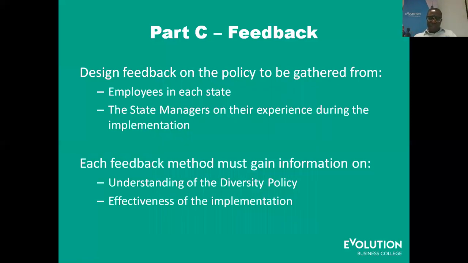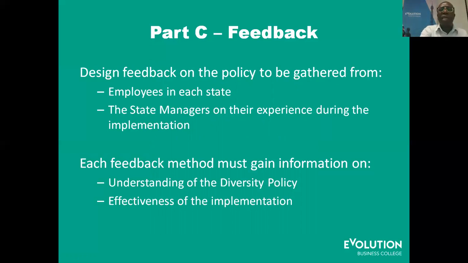When you implement these policies, some state managers say, well, look, this was really, really hard. I went out of my way. It's something that I'm not comfortable with, and it was painful for me to begin to delve into diversity. Or someone says, well, it was a great pleasure, I loved it and I enjoyed it. And I think this is one good thing our company has, we should take pride in.